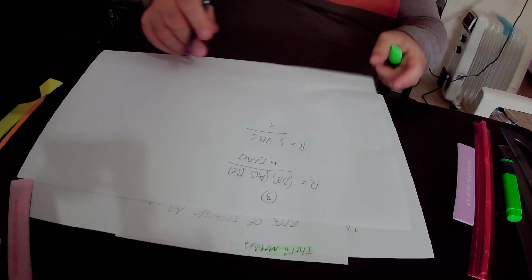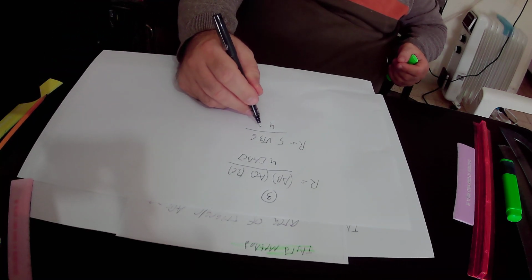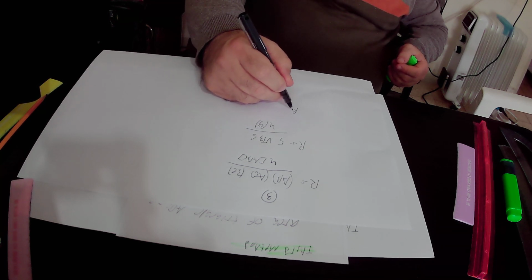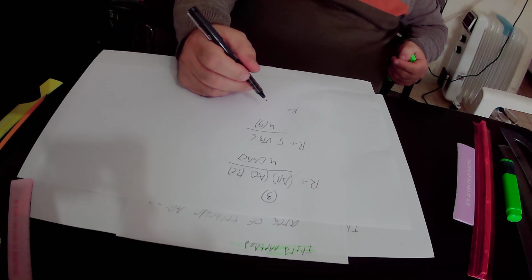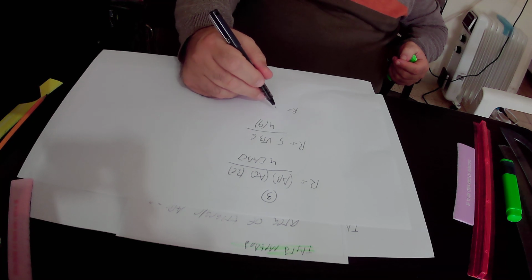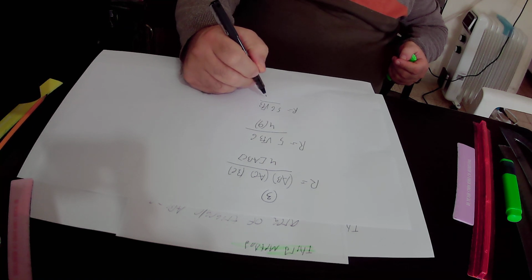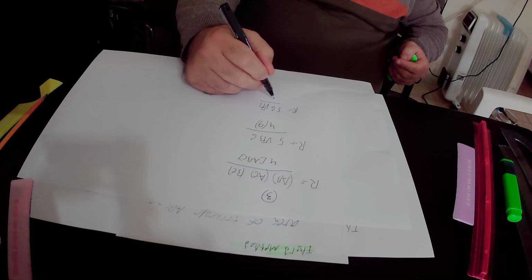The question gives that the area of triangle ABC equals 9 square units. So in conclusion, R equals 5 times 6 times square root of 13 over 4 times 9, which is 36.